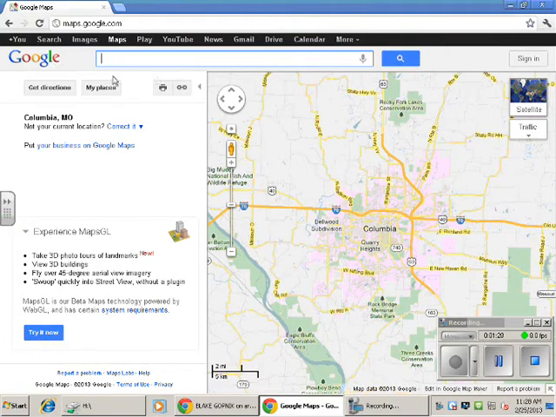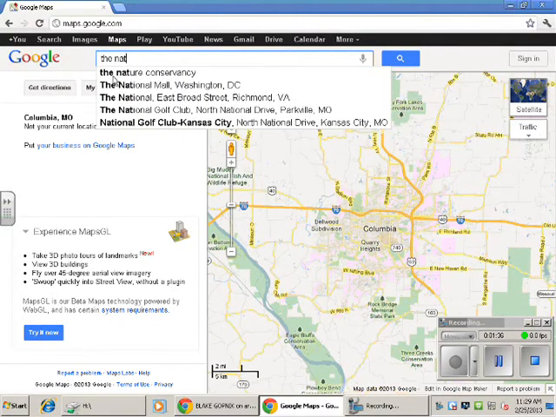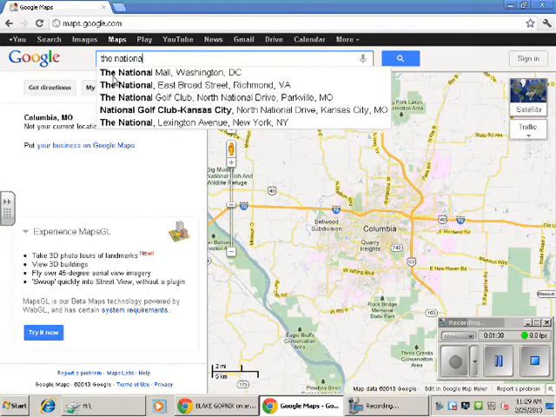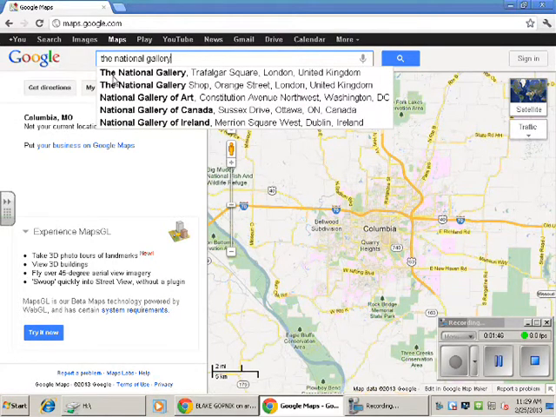And then I typed up there the National Gallery of Art, and it came up right there.